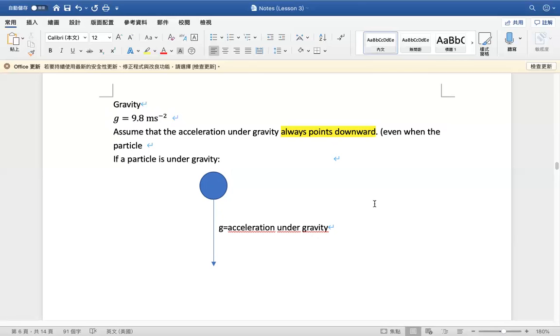If you choose upward as the positive direction, then your acceleration due to gravity is always negative. Or if you choose downward as the positive direction, then your acceleration due to gravity is always positive. So it never changes sign. Would that be okay?